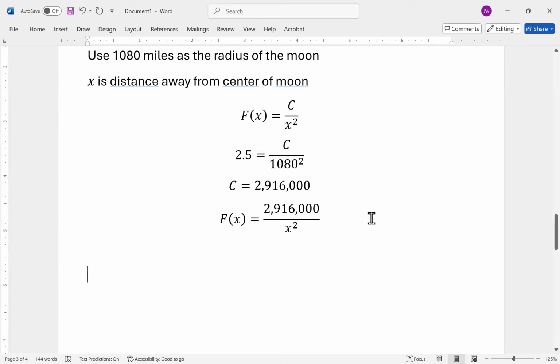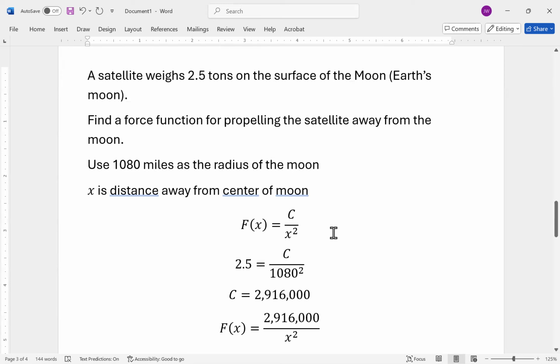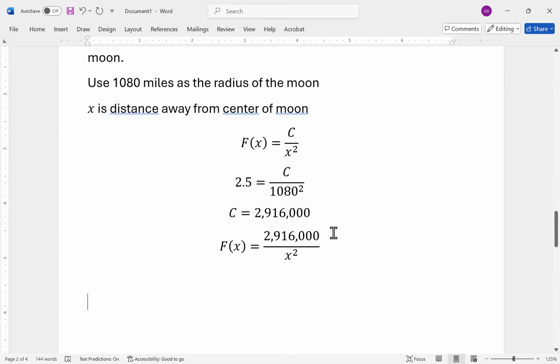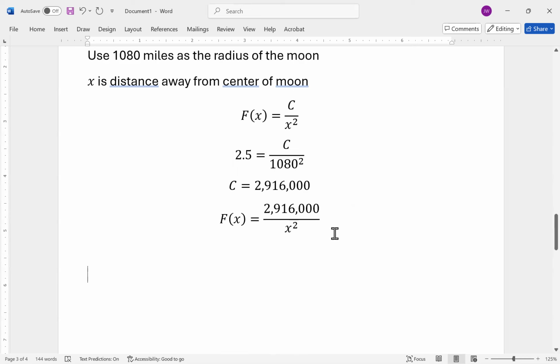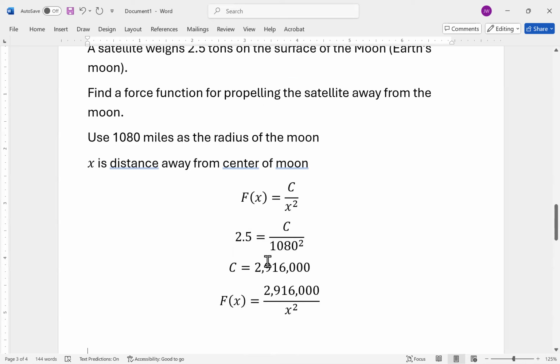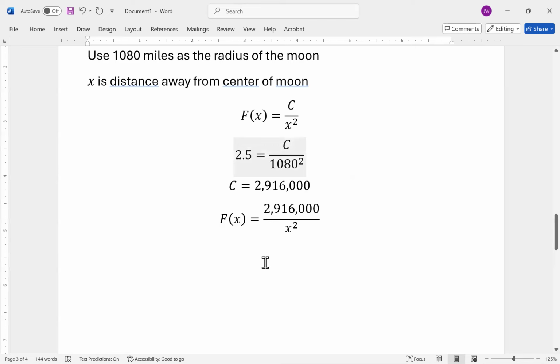So that's the force function for this problem. And now we can use this force function in order to calculate how much work is done by propelling this satellite away from the moon.